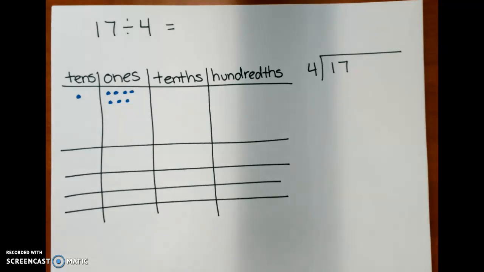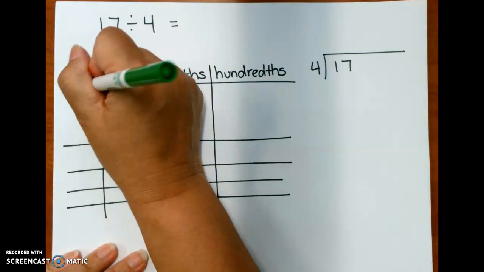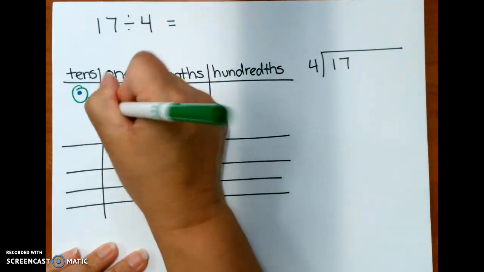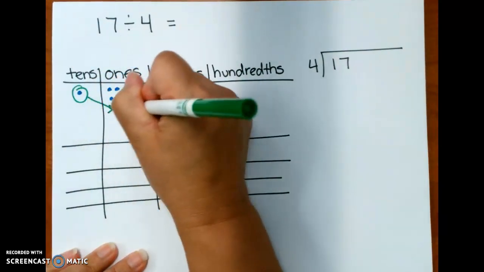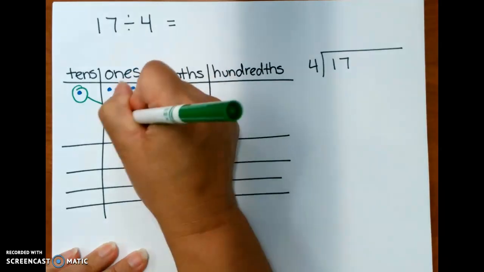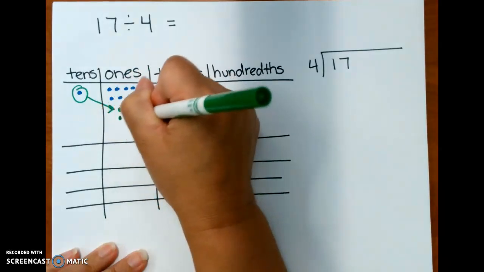So I know that I can't divide my 1 ten into 4 groups. I've got to decompose it. So I'm going to move it to my ones place and have 10 ones plus my 7 ones.